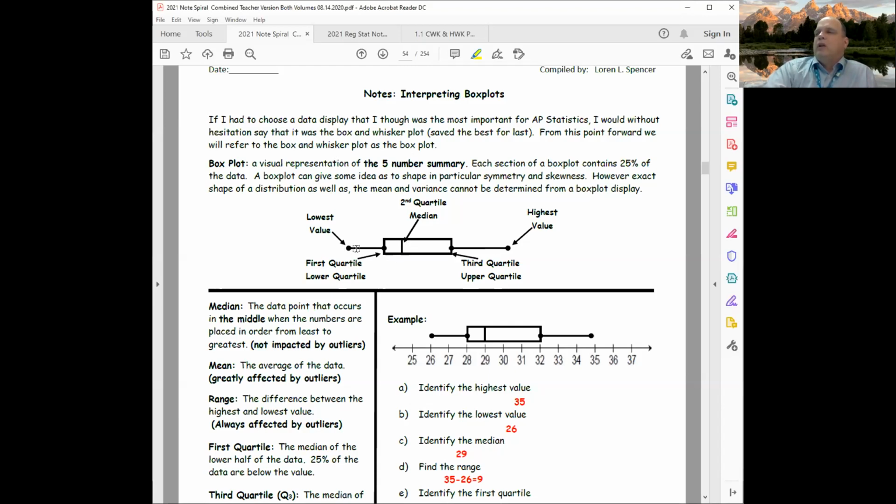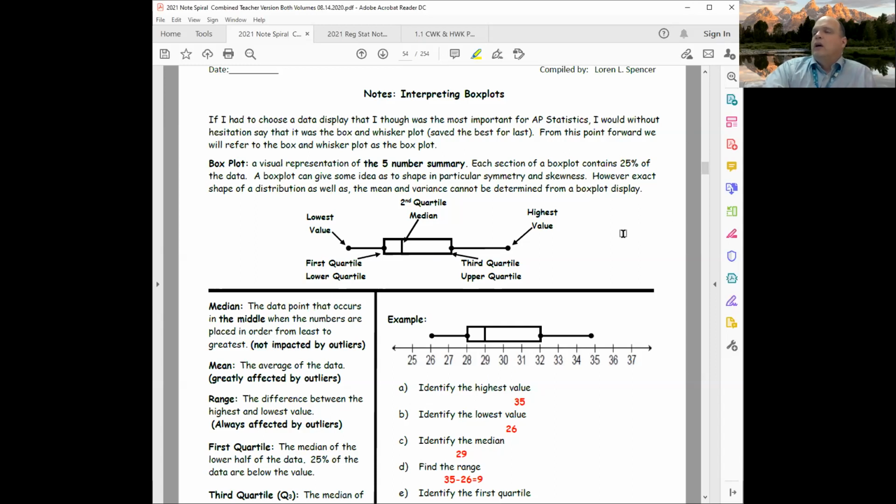We'll also learn in the next video how to use boxplots to calculate outliers.